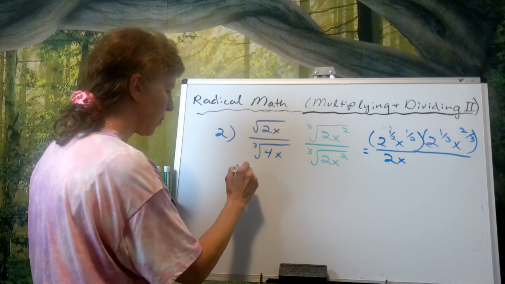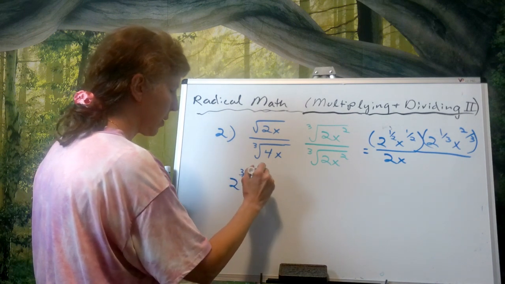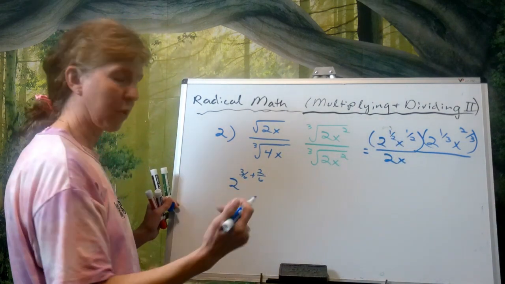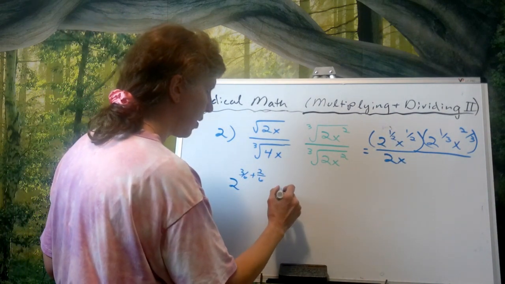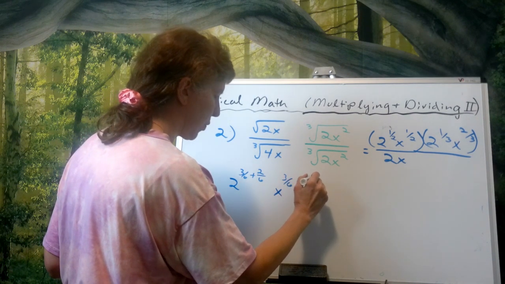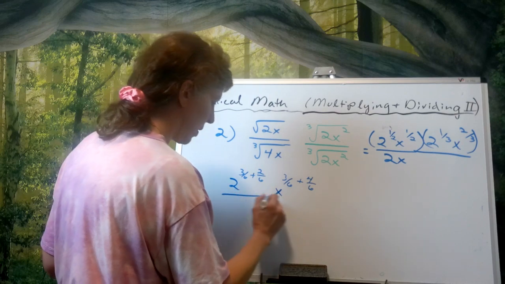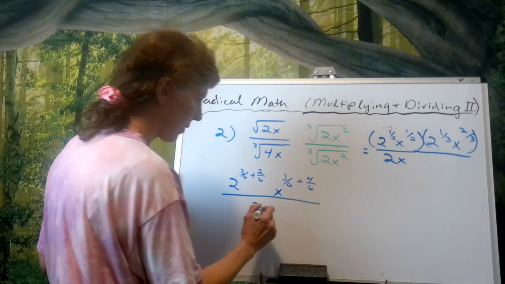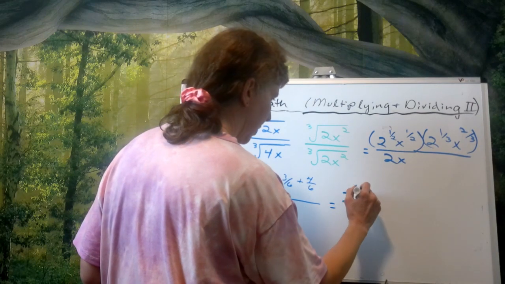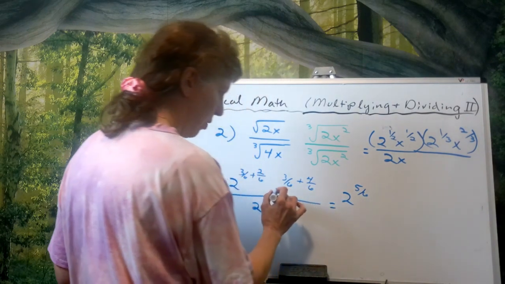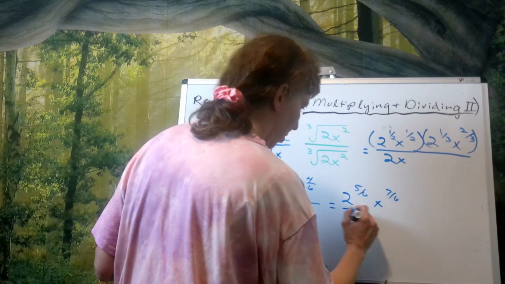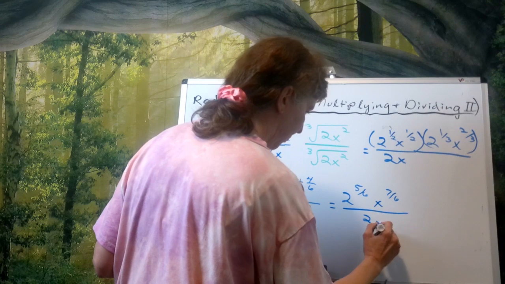So that'll be 2 to the 3/6 plus 2/6. Same idea with the x's, and again I'm going to use 6 as my common denominator, so that'll give me 3/6 plus 4/6. My denominator is still 2x. And now I can combine things. So I'll have 2 to the 5/6 in my numerator and x to the 7/6 all over 2x.